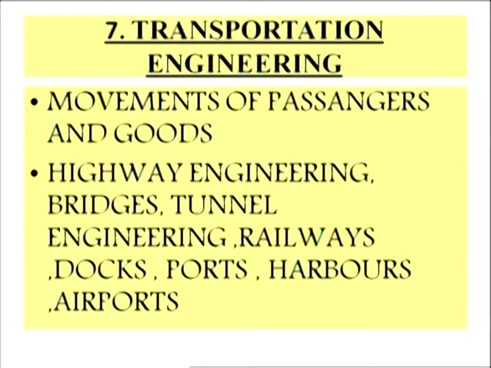This type of transportation is known as sea route traffic, and it is for international traffic. Airports normally provide international passenger traffic. So these are the different aspects of transportation engineering.